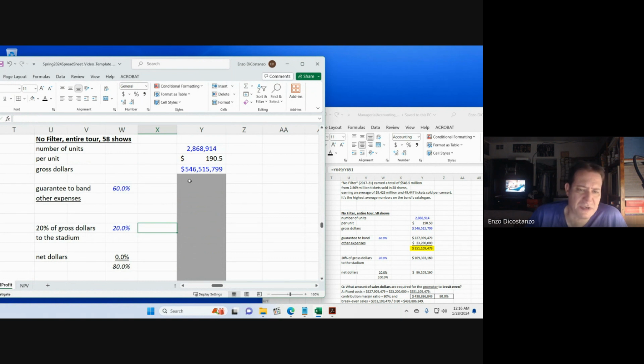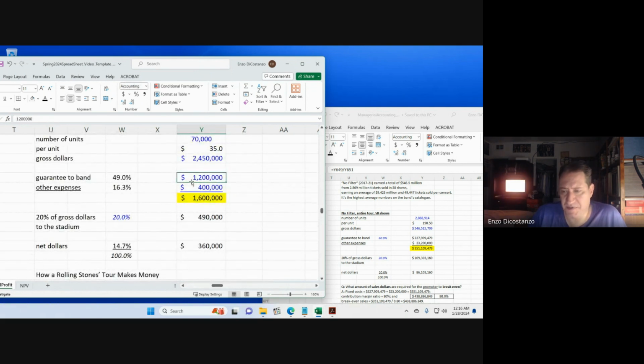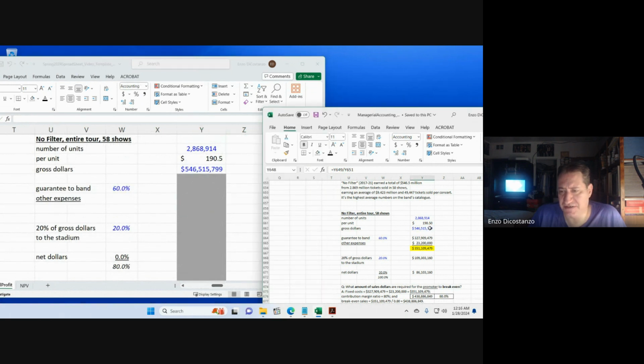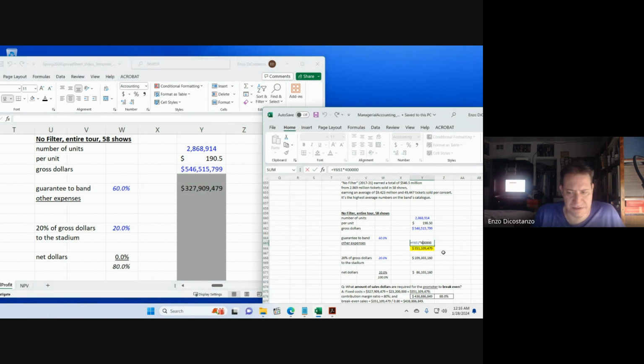And also what we could probably do here, instead of rehashing all those formulas, I can just come up here. Or actually, no. Yeah. We use the percentages now. We use the percentages here. Guaranteed to the band equals that times the 546, right? What was guaranteed to the band, and then we had the same ratio here.